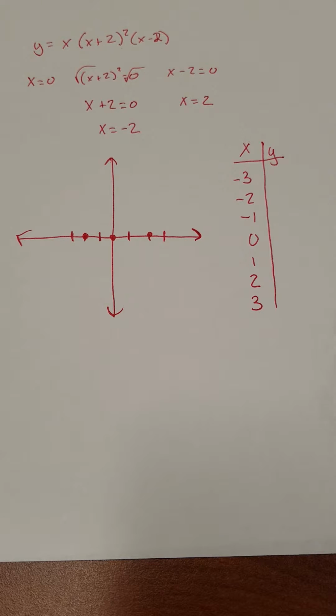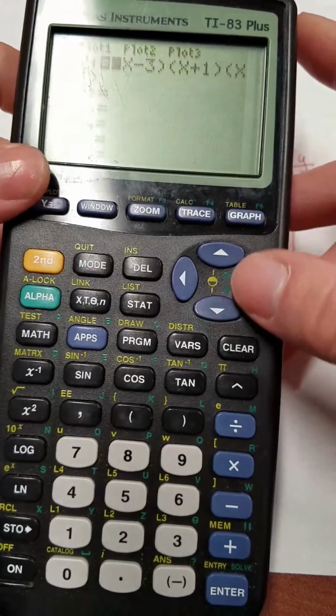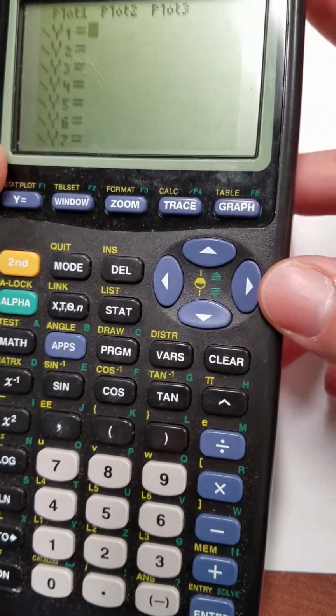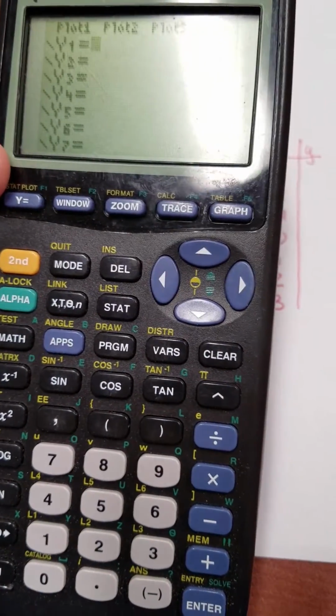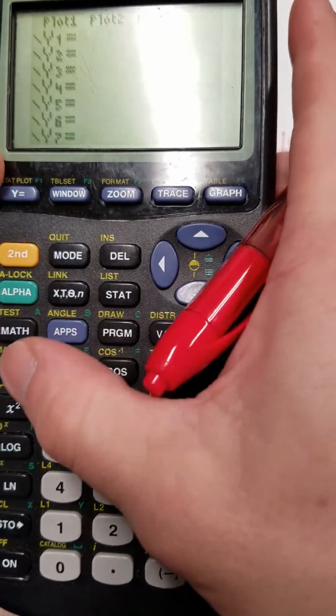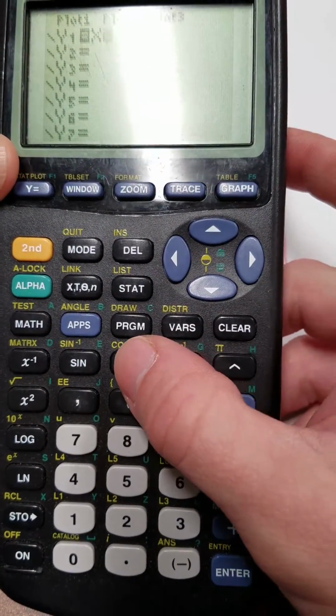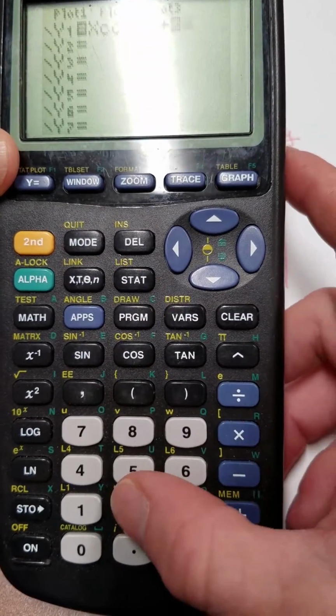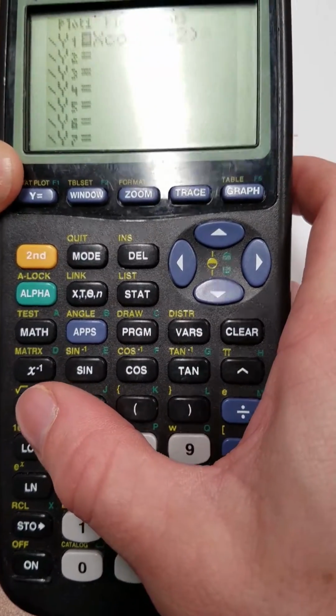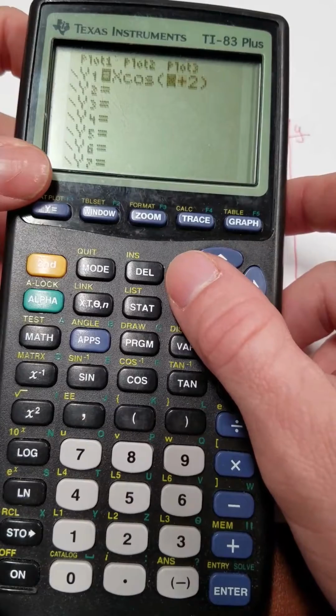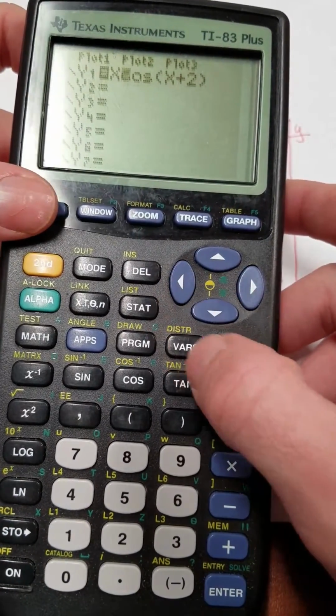If you don't have all that down, hit pause or go back and rewatch it and see what I did right through there. Go to our calculator at this point, y equals, clear out the old function that was in there, and let's type in our new one. So I have x times x plus 2, and then your squared button.